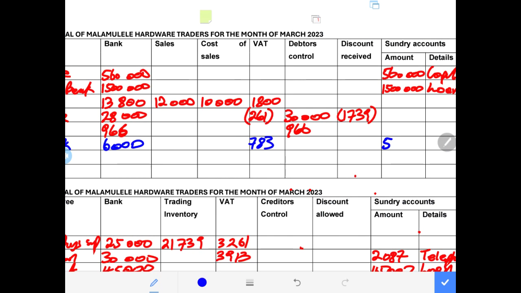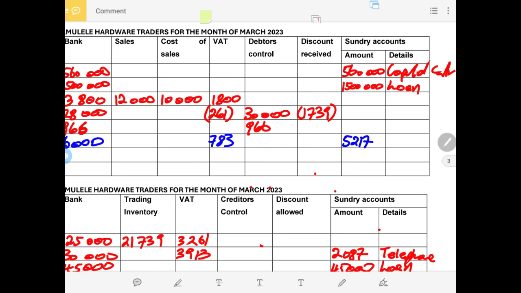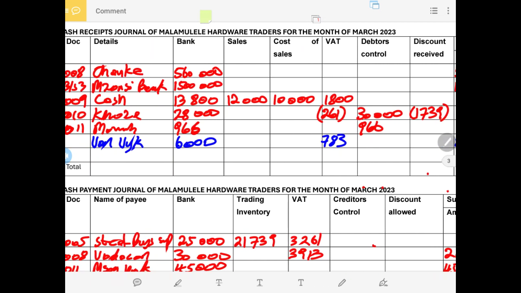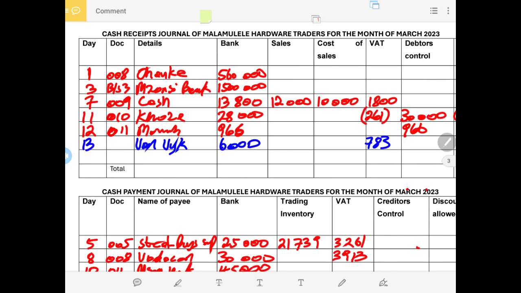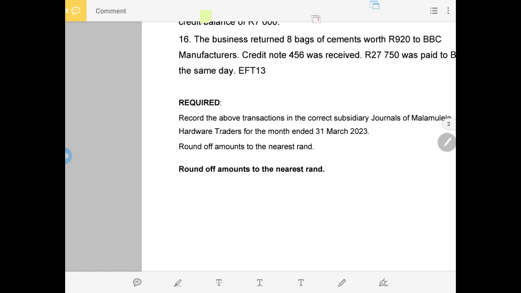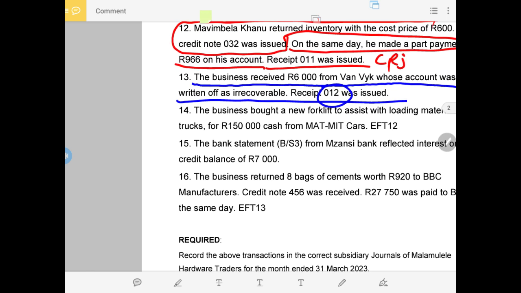That is bad debt recovered. Then we have our bad debt recovered. Please write it correctly, with space limitation and time as a limiting factor. Now that is how we record the recovery of the debt. Then now go to the next one.